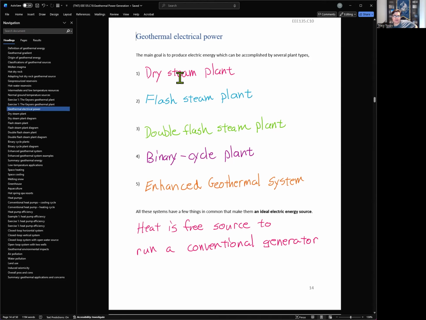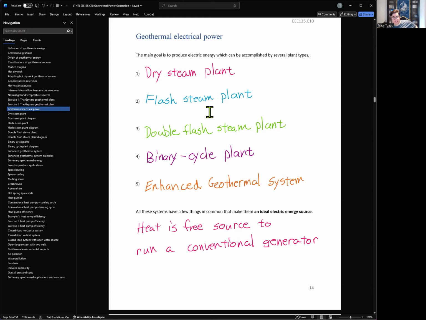There are 5 major plant types we can use, based on the type of geothermal site, the lack of water, and the temperature. Number 1 is a dry steam plant. This is basically probably the best, but it's also the hottest.